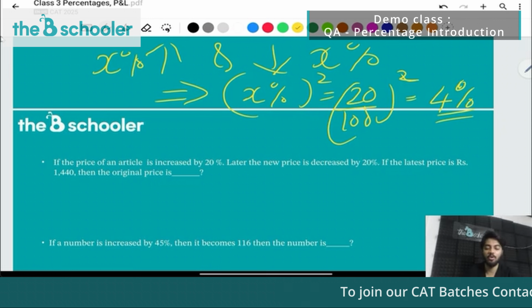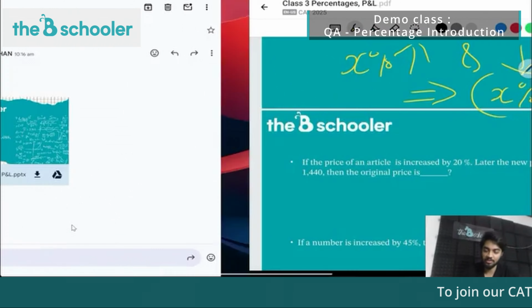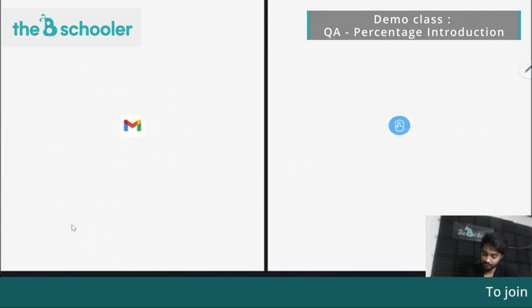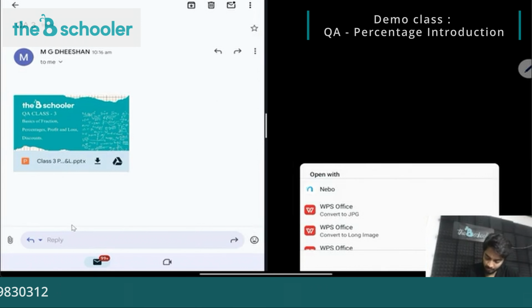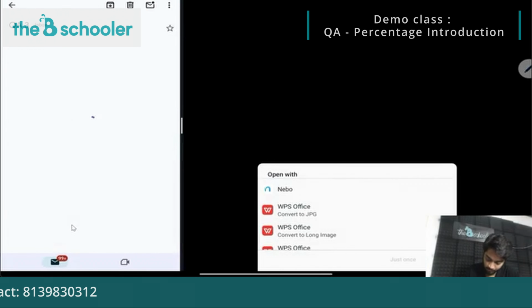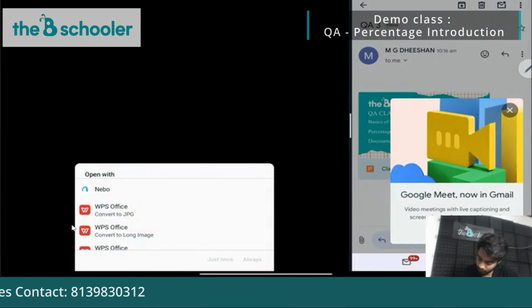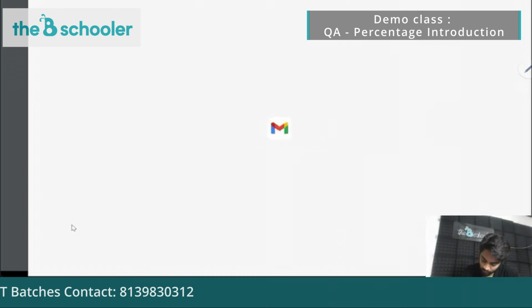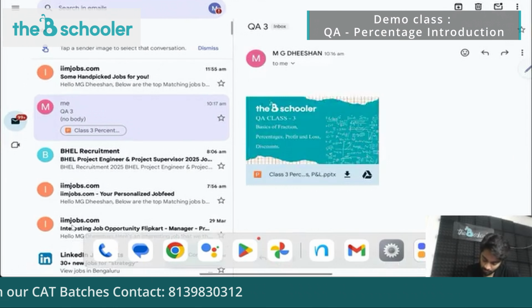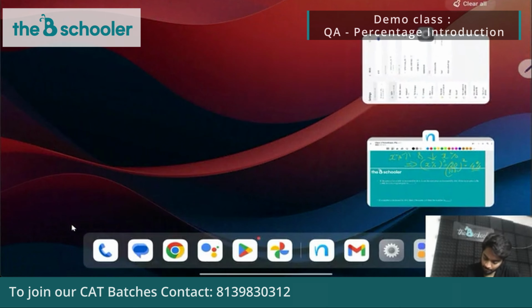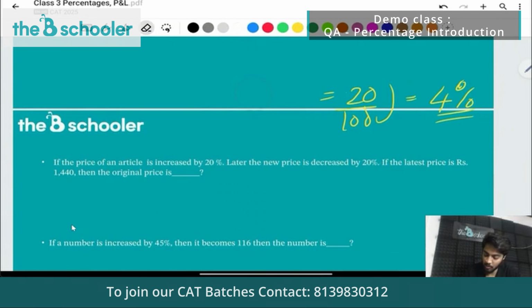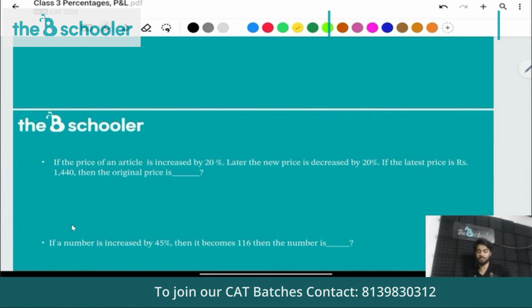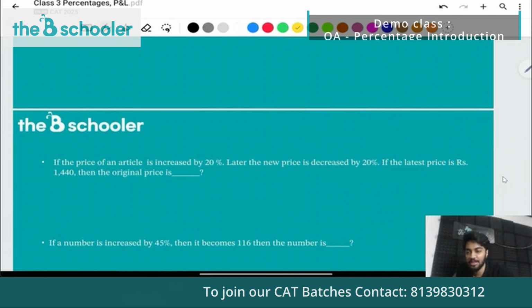So now, instead of 20, what if it goes up by 30 percentage and goes down by 30 percentage? Conventionally you can still do it, 1.3 into... What if something was increased by 30 percentage and then decreased by 30 percentage?